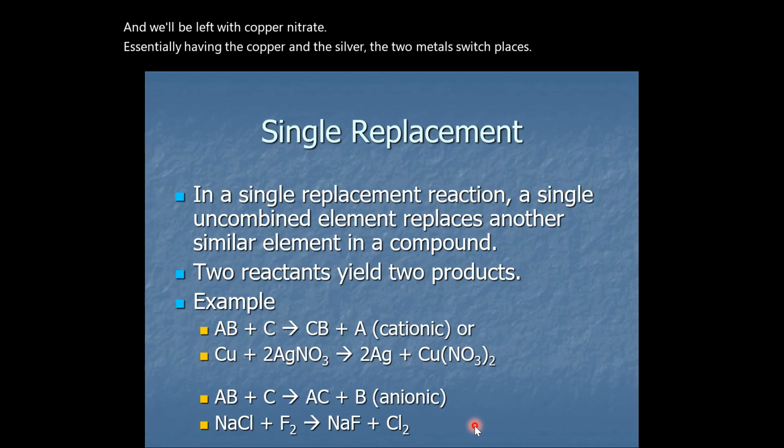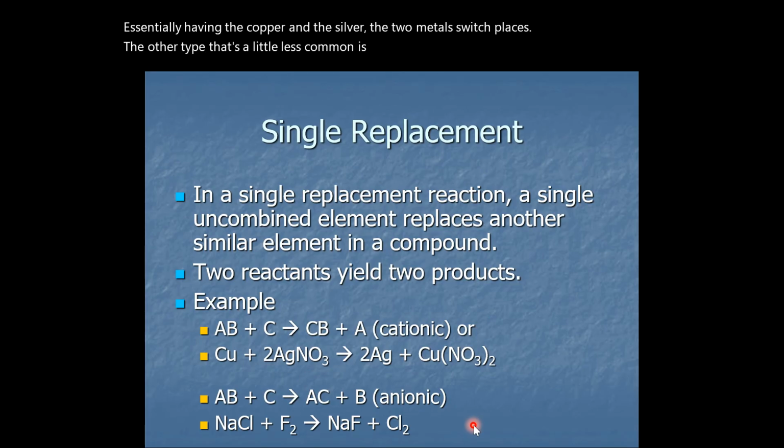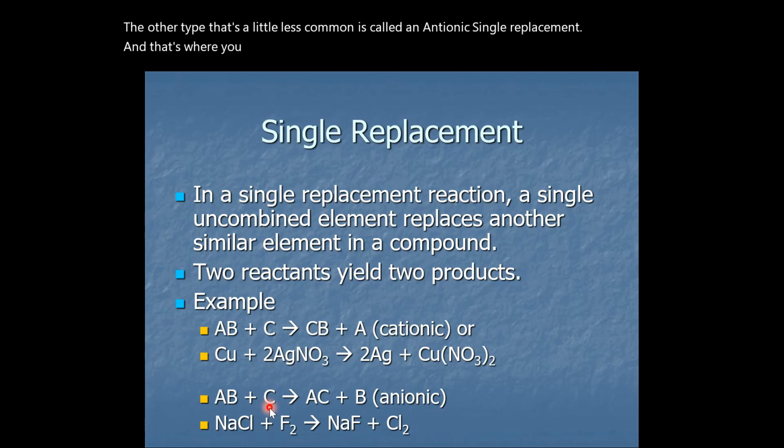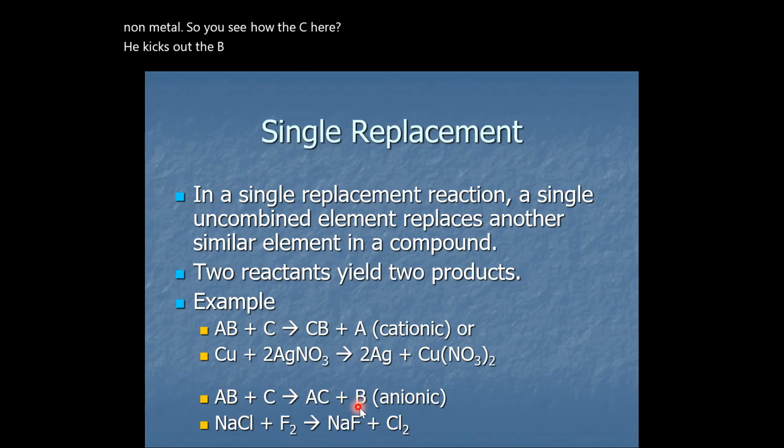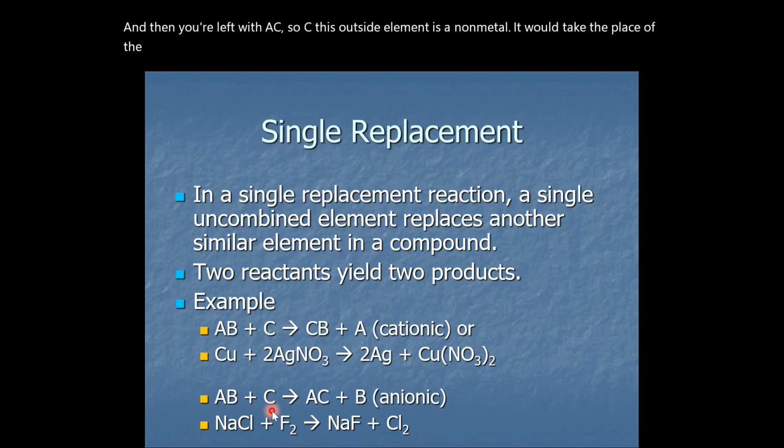The other type, which is a little less common, is called an anionic single replacement. That's where you have a non-metal on the outside by itself, and it kicks out the non-metal in the compound. You see how the C here kicks out the B and makes B by itself, and then you're left with AC. So C, this outside element, is a non-metal and takes the place of the non-metal, or the anion, in the compound.